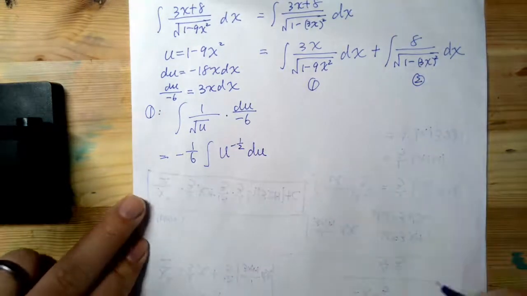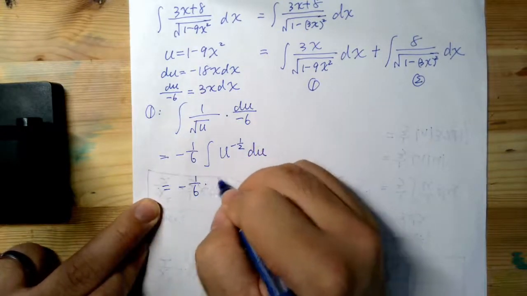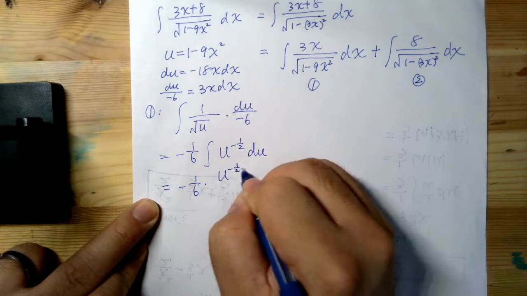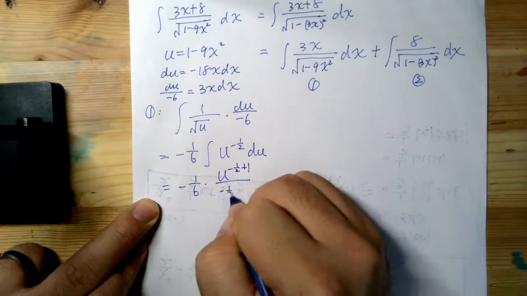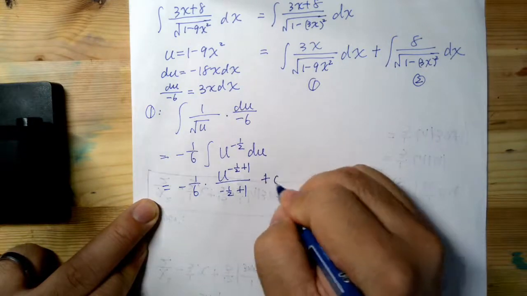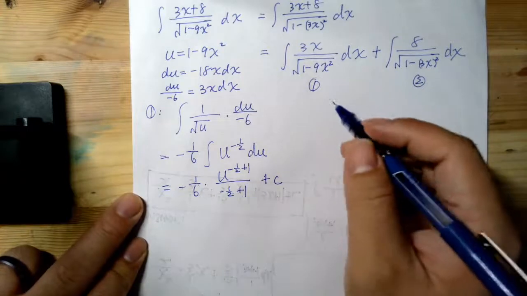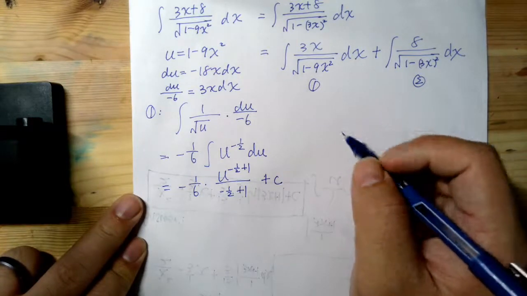So from the first one, we have negative 1 over 6 times u to the power negative half plus 1, over negative half plus 1. And then, of course, you should add a constant c if we solve this as an individual indefinite integral problem.